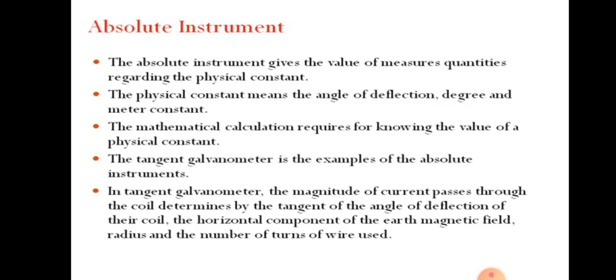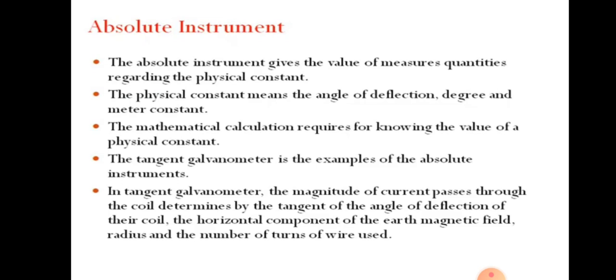First point: the absolute instrument gives the value of measured quantities in terms of the physical constants. Second point: the physical constants mean the angle of deflection, degree, and the meter constant. Here the instrument gets the physical quantity in terms of the angle of deflection, so it can measure the angle of deflection or the degree.